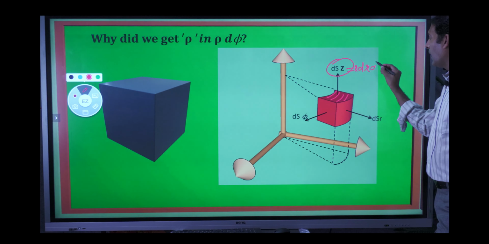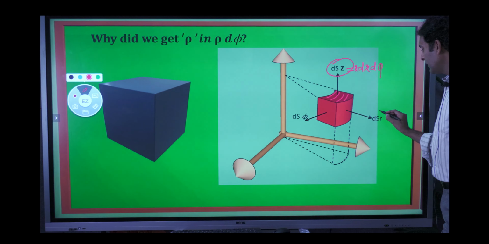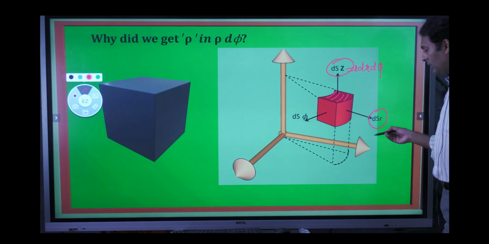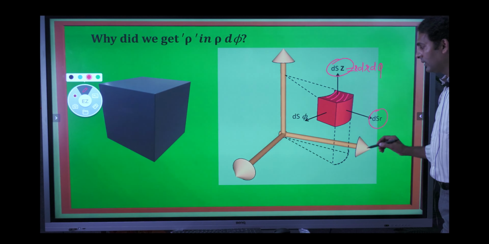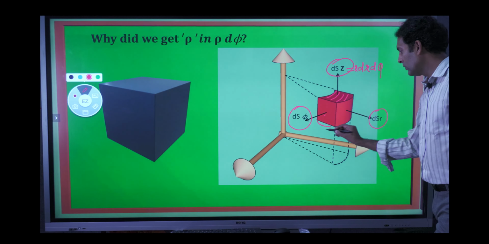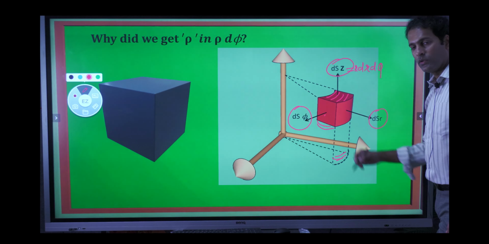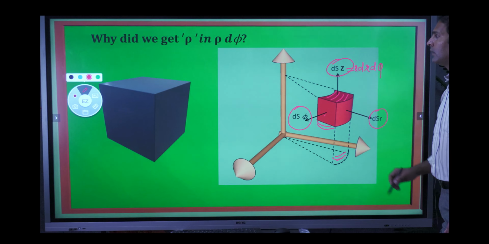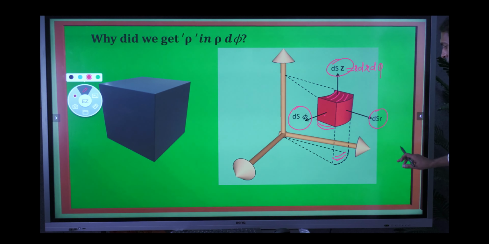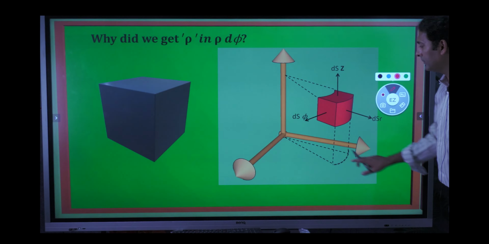So r dr d phi. Then this direction is dsr. It is the product of the other two, that is r d phi and dz. This is ds phi, the angle for these two angles. Here you can see the differential angle. So it is also the product of the other two. So this is how we get the volume of the cylindrical coordinate system.